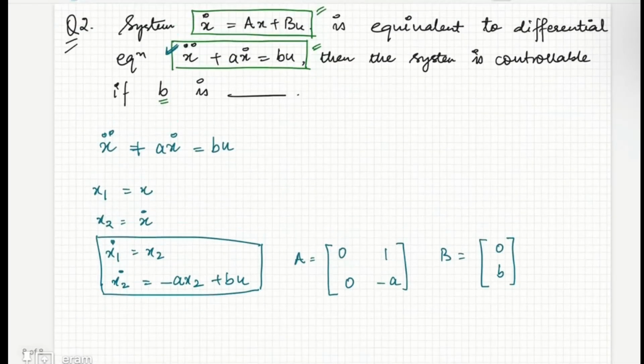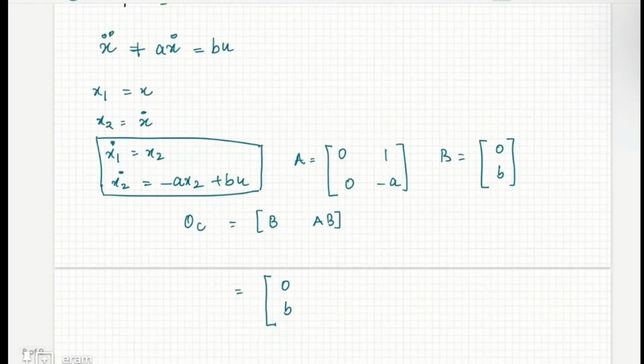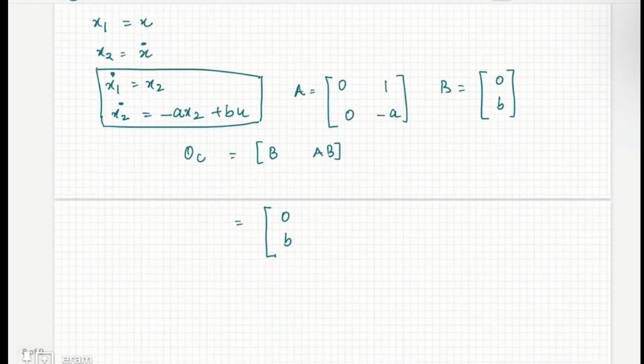Now we can easily check the controllability of this one. We have to find the controllability matrix, which is [B AB], which gives the form 0 b, and b minus ab.